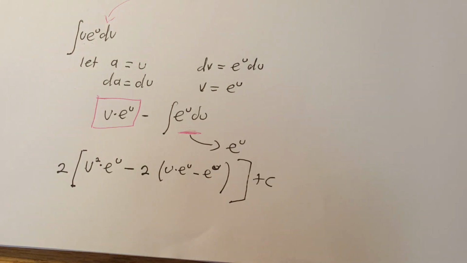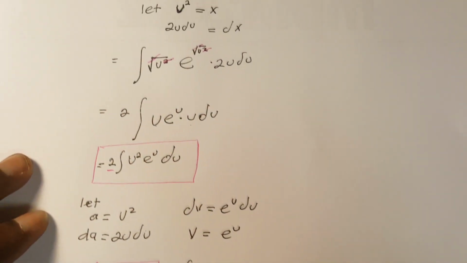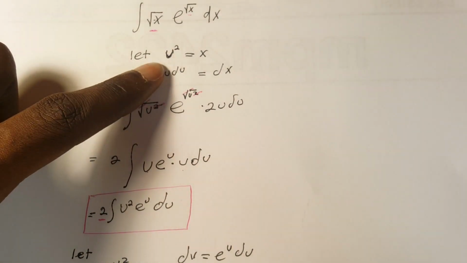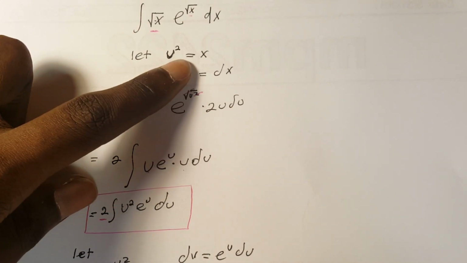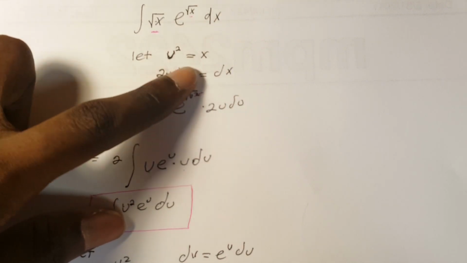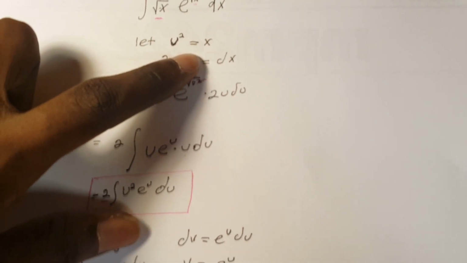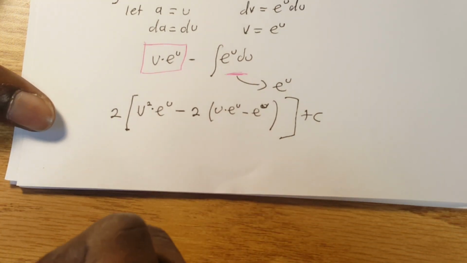So right now we've actually solved the problem, but we need to substitute for U. We know from the top here that U squared is equal to x. So wherever you see U squared, you put x, and wherever you see U, you put x to the half. So we have this guy right here.